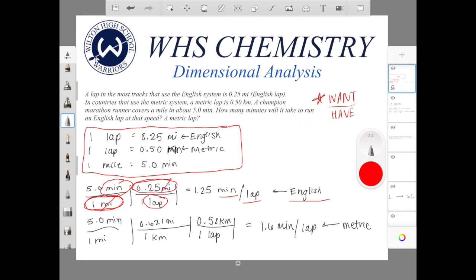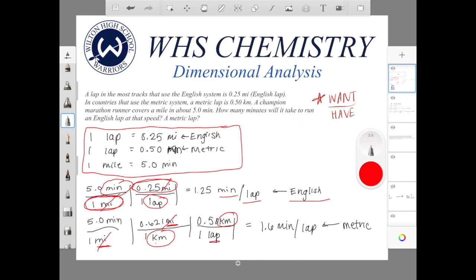We need miles to be on the top of our conversion factor in order for it to cancel out. And we know that there's 0.621 miles for 1 kilometer. So that's our conversion factor, and miles cancels out. Now we need kilometers to cancel out so we can get 1 lap.